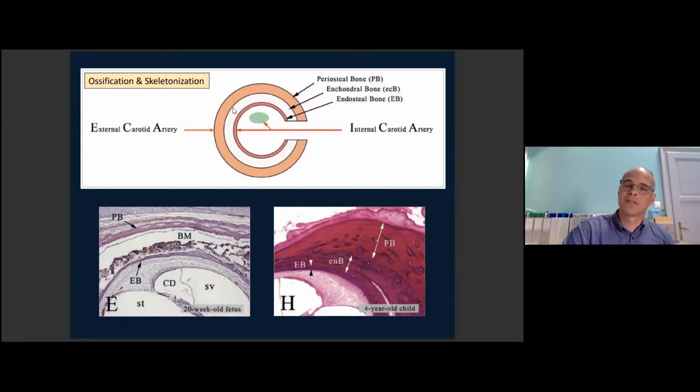And between both, we can find an avascular layer, so there is no blood vessel. This is so-called enchondral bone with intrachondral bone. A normal feature of this avascular layer is that we can find cartilage islands. And sometimes we can find these cartilaginous islands in this layer in the CT scan as well.